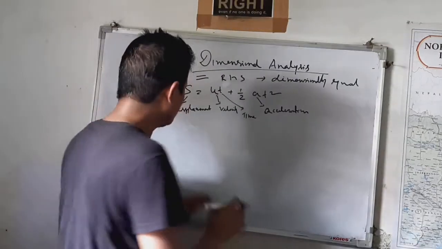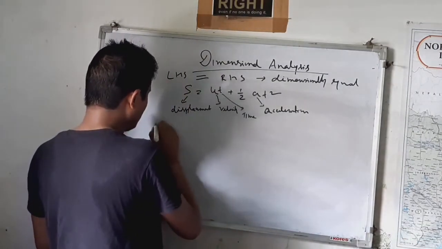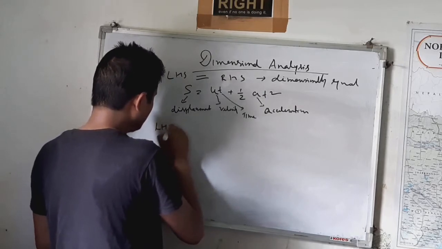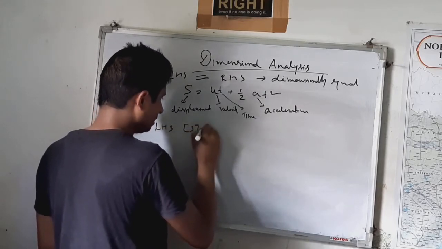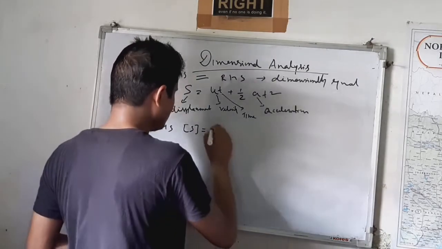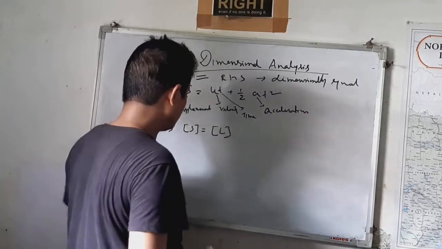That means the dimension of left hand side, that is S, is displacement, so its dimension is length.